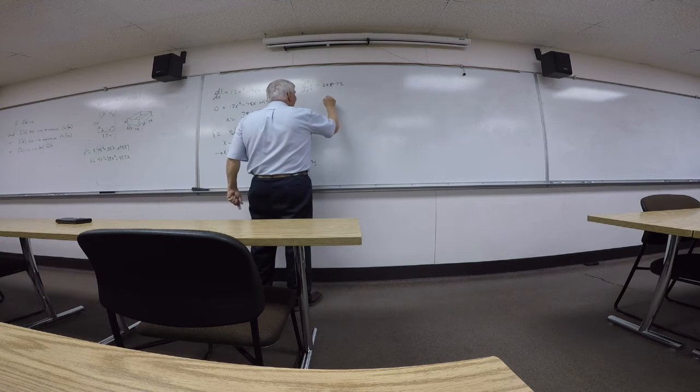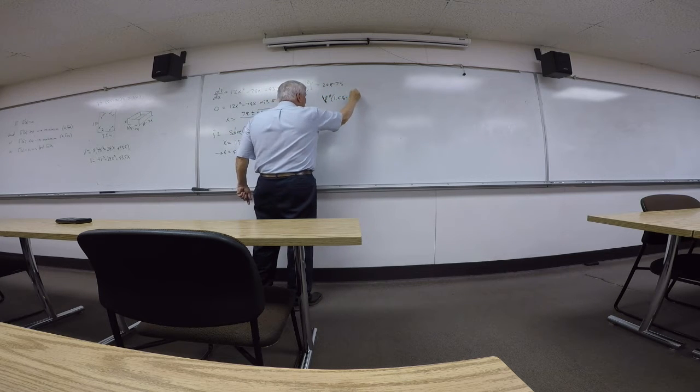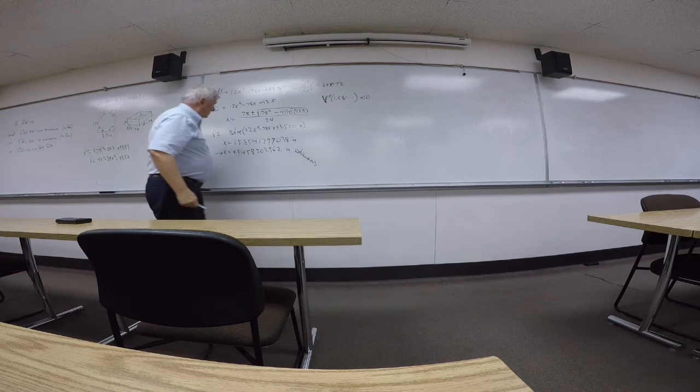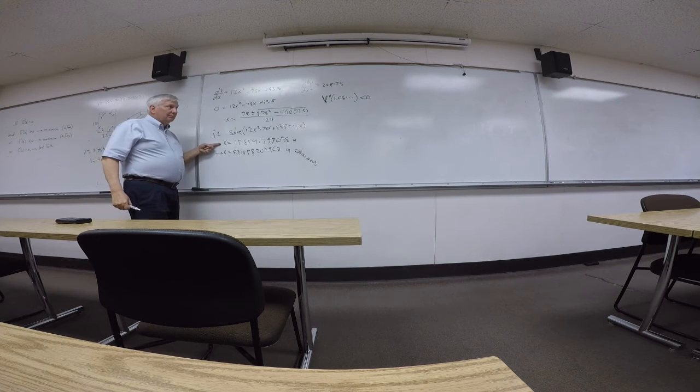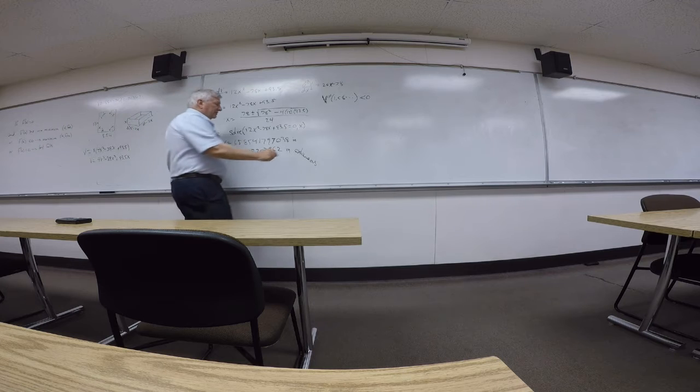So V double prime at 1.58 is clearly less than 0. So if the slope is 0 at this point and the second derivative is negative at this point, then this gives us a maximum.